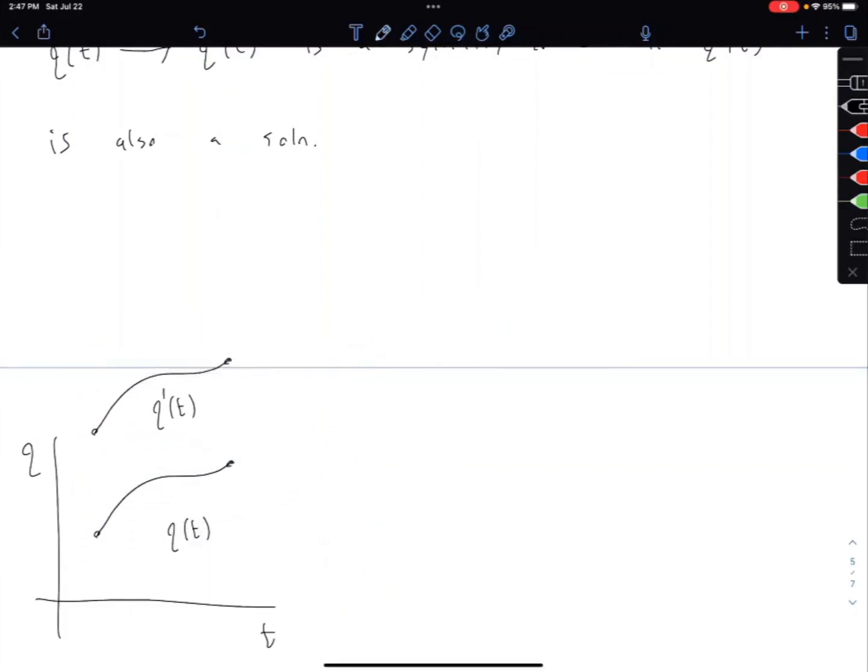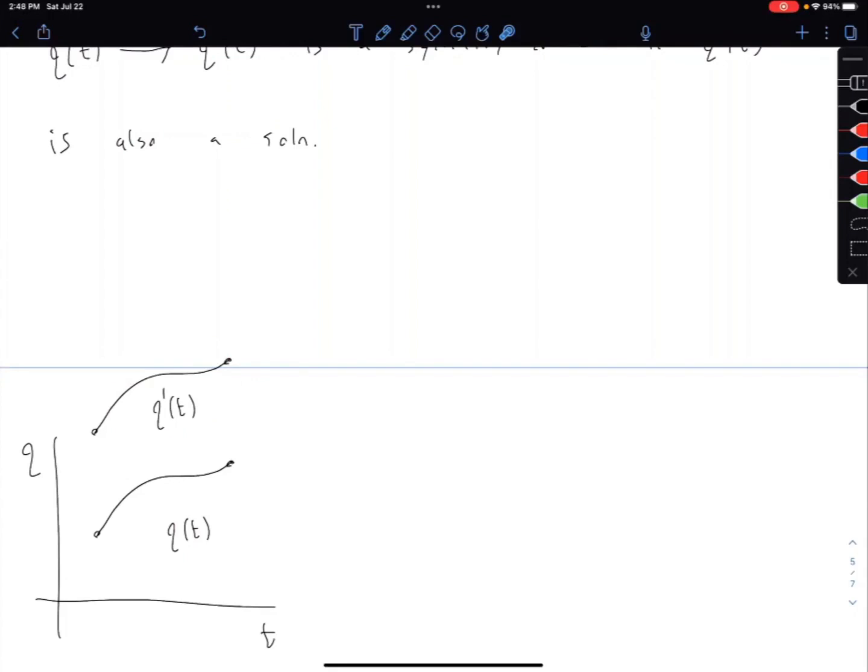Okay, so translation will be a symmetry of the equations of motion, right? Anytime that this trajectory is a solution to those equations of motion, this is also a solution. Then we would say that translations are a symmetry of the equations of motion.